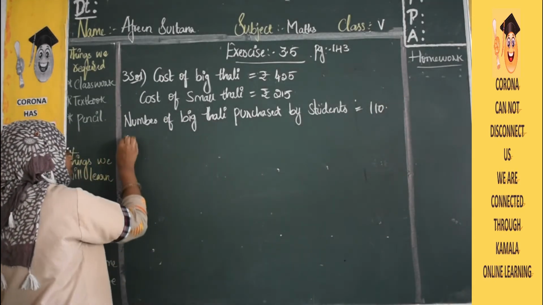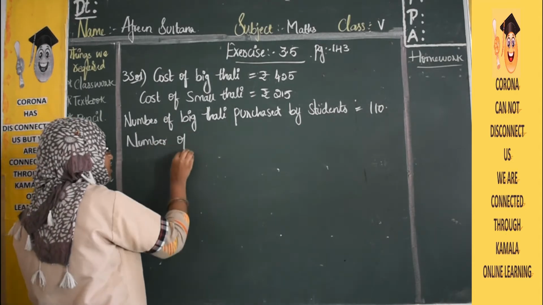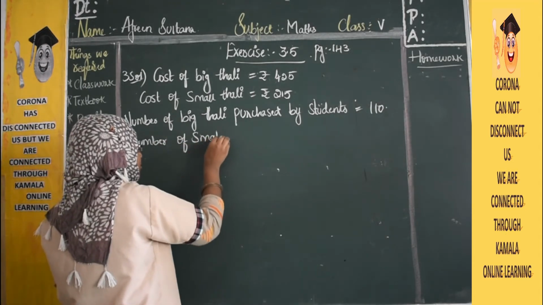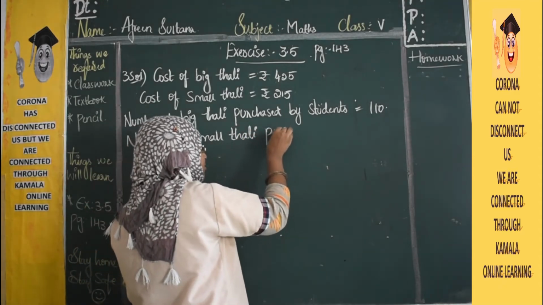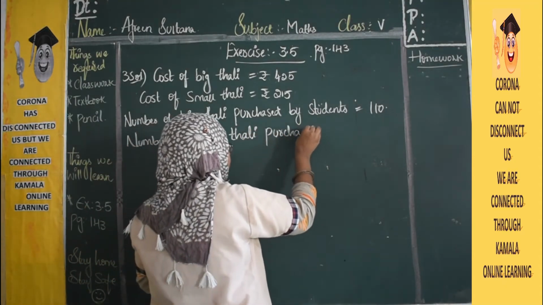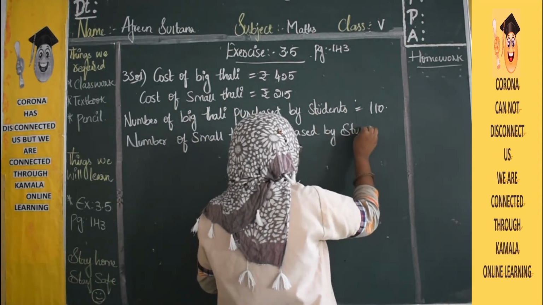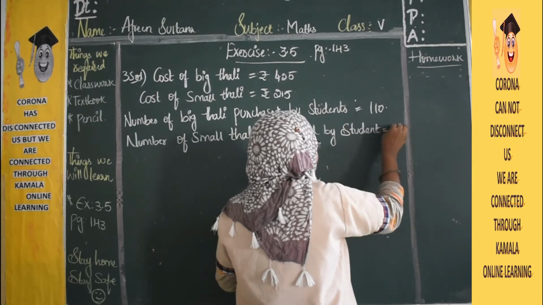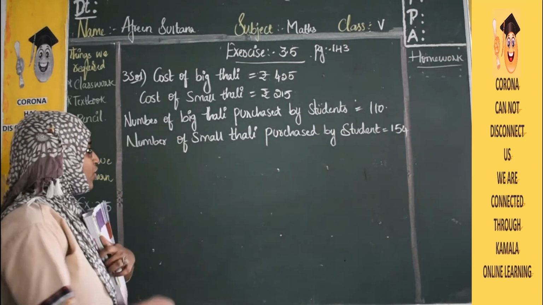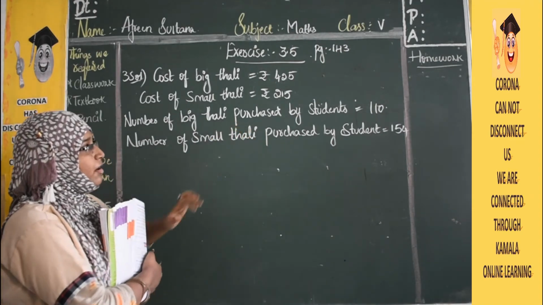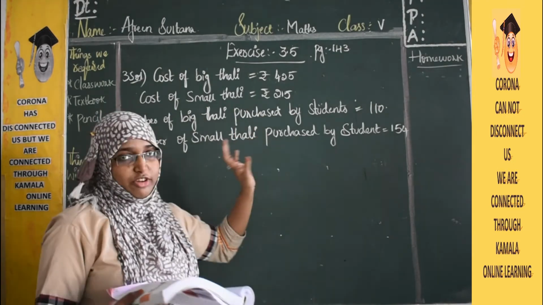Similarly, the number of small thalis purchased by students is 154. So they have purchased 154 small thalis and 110 big thalis. We have just written what is given in the question.